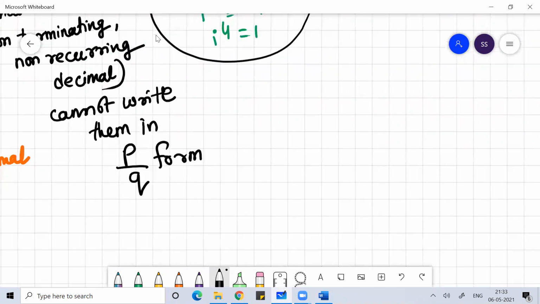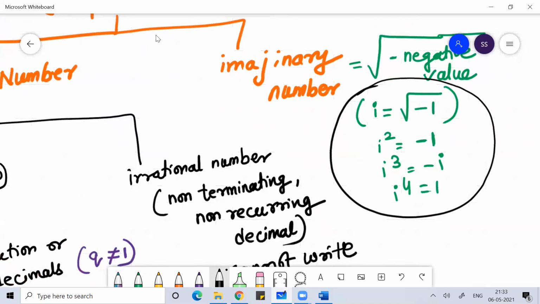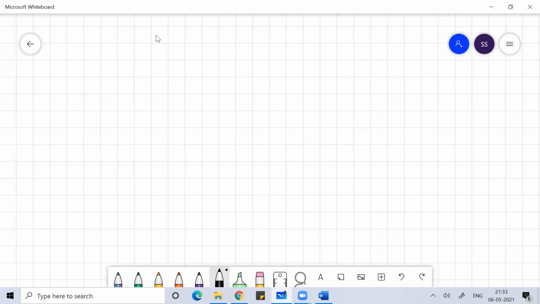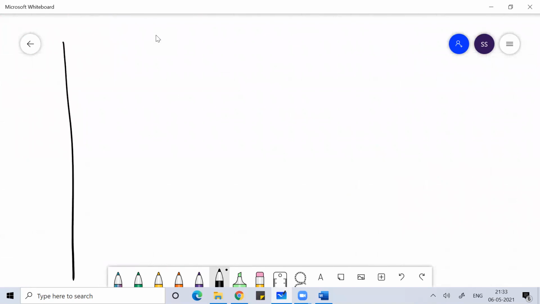For example, what are examples of irrational numbers? We can talk about pi, e, root 2, and the square root of any prime number. All those are irrational numbers. Many people think that pi is 22 by 7.